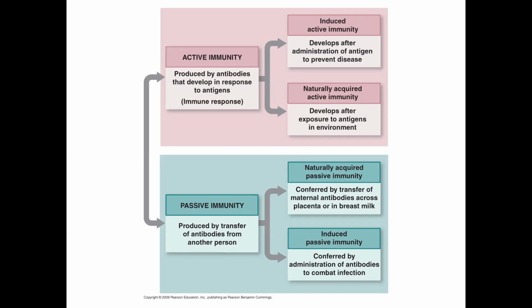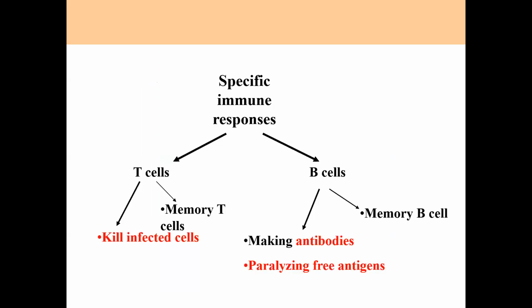Active immunity, passive immunity. Active immunity has to be something that triggers your own body to start producing antibodies. Passive is you get antibodies somehow.